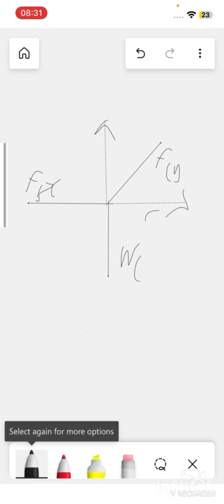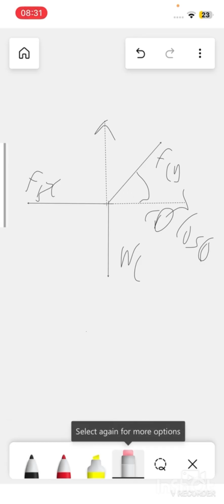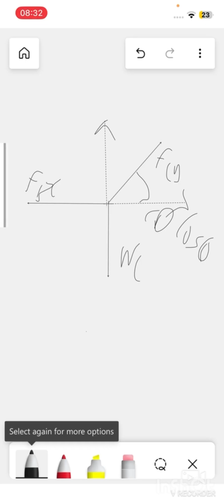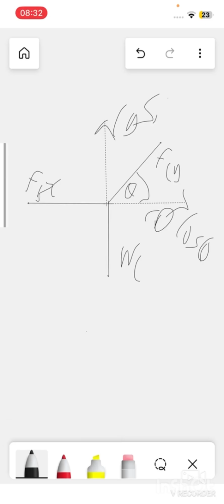This one we're going to call CD cos theta. Here is going to be theta. Here we're going to have CD sine theta.